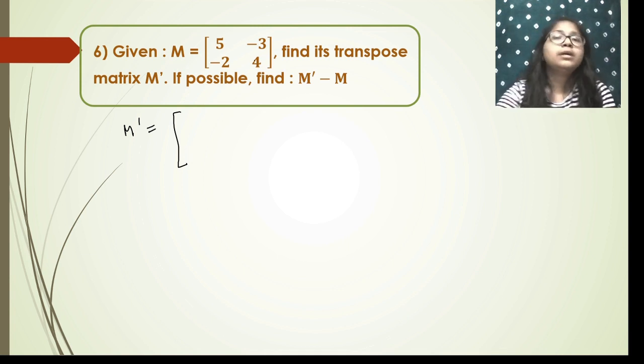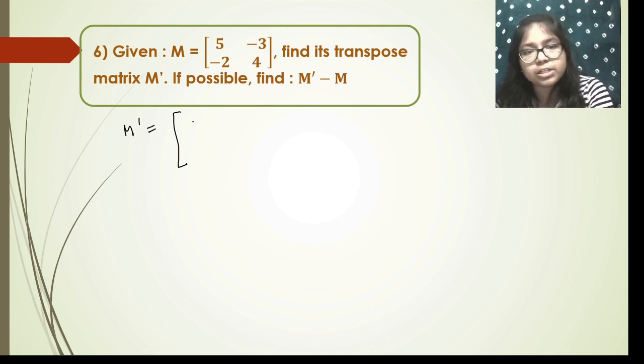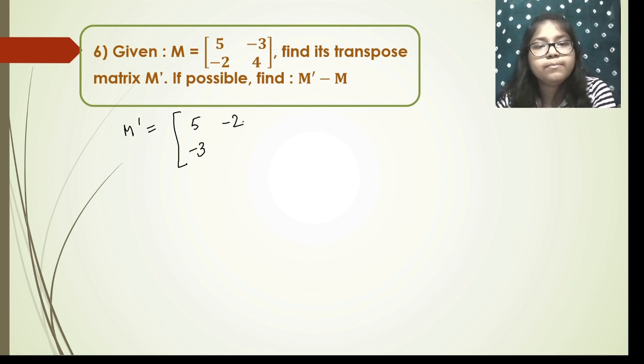The row elements become the column elements, and that's it, right? So in M, the first row elements are 5 and minus 3. This will become the elements of first column in M transpose. So it will become 5 and minus 3, and this will be minus 2, 4. Simple.